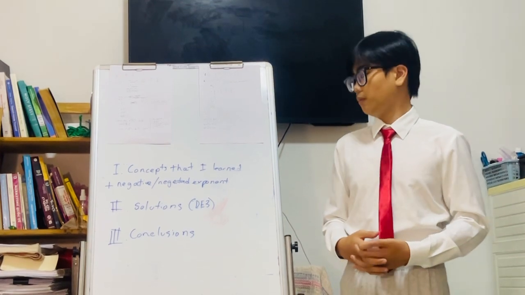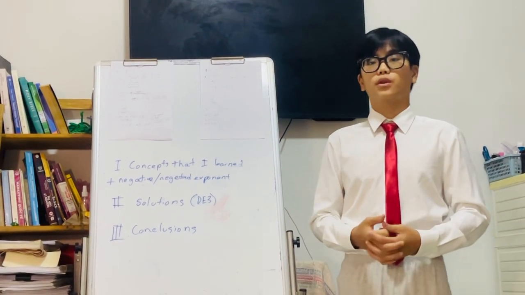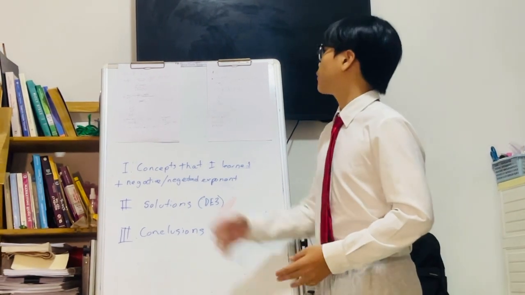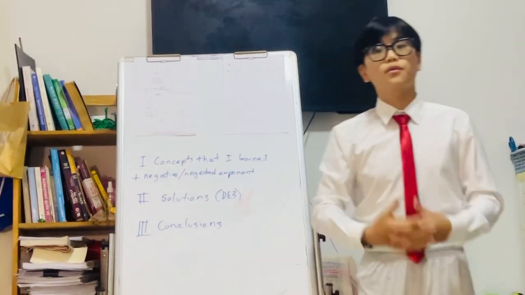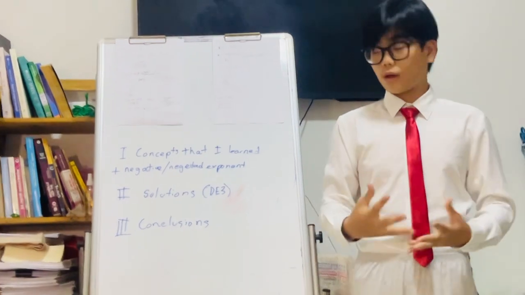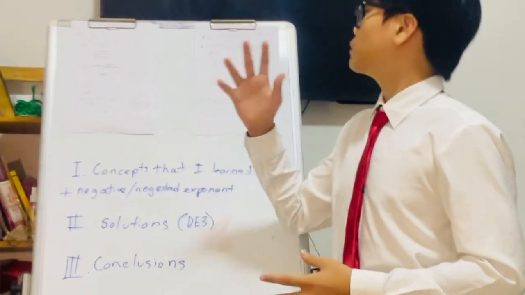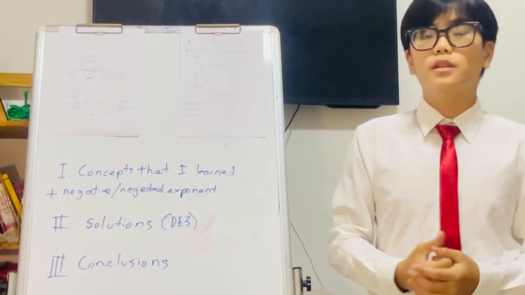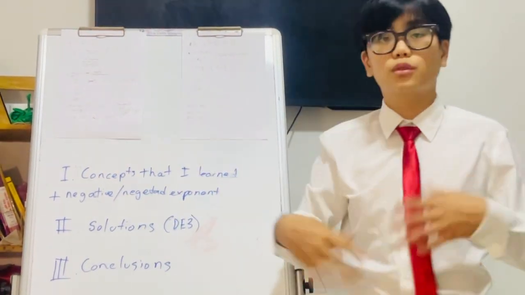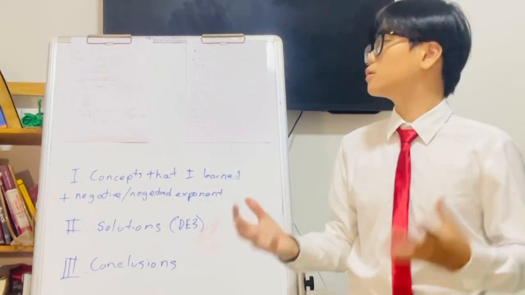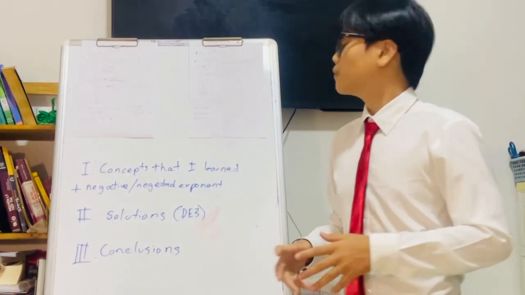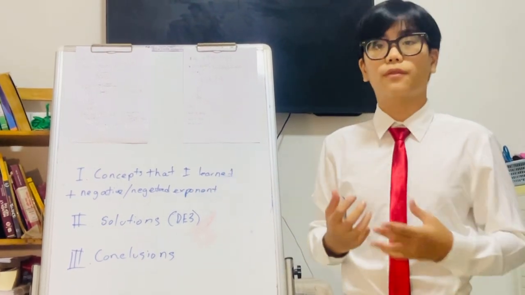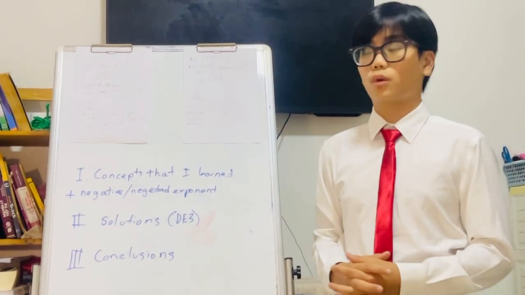Next, here are my solutions for DE3 and the explanations on how I did them. For the first question, which is 2/5 squared, how I did this was that I took 2 squared over 5 squared, which equals 9 over 25, which is the solution for question 1.